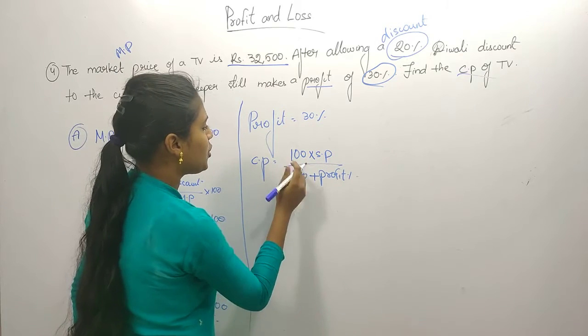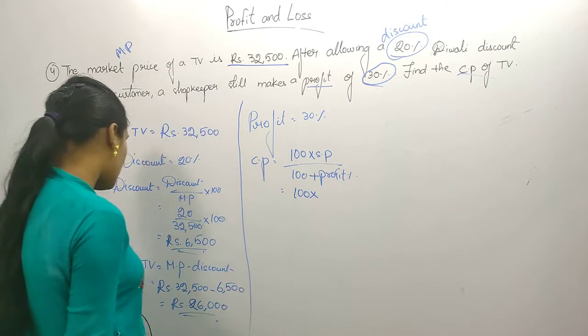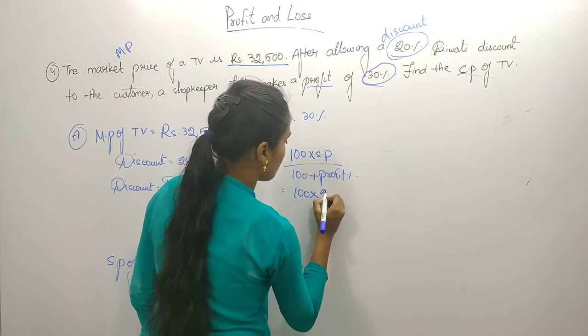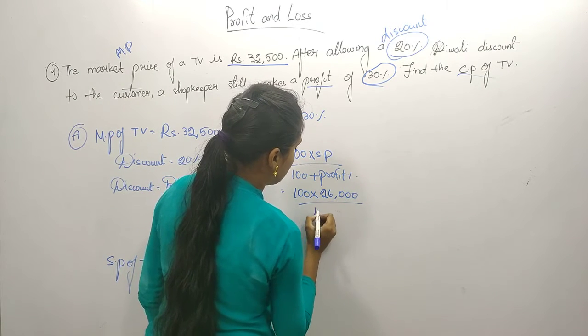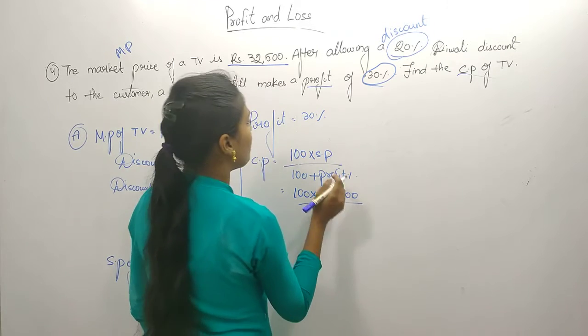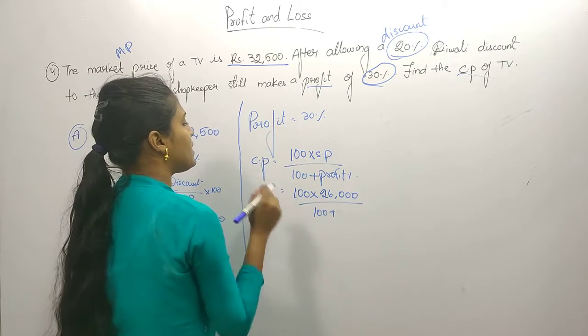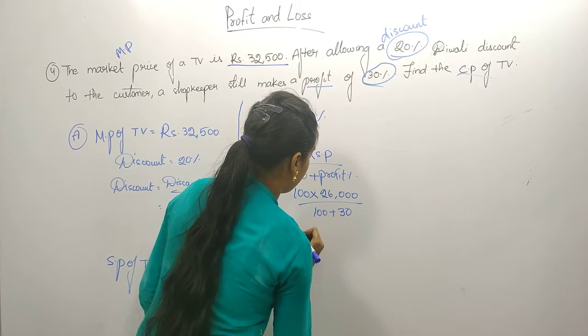Okay, substitute in the formula. 100 into selling price, how much did you get here? 26,000 by 100 plus profit. How much profit did he get after selling at the rate of a discount of 20%? He got 30% profit.